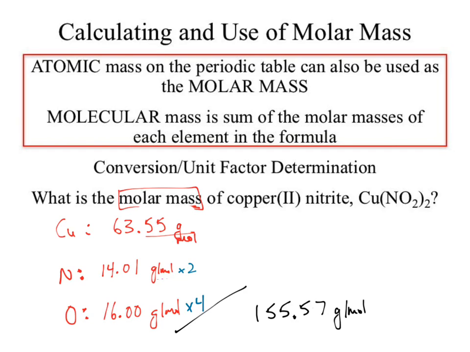You added those numbers. So it's not the number of sig figs, it's the least precise place, which goes back to our decimal. Each of those values is reported out to the hundredths place, which means your answer needs to get reported to the hundredths place. So it does get reported as 155.57 grams per mole.